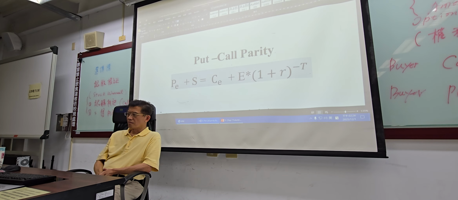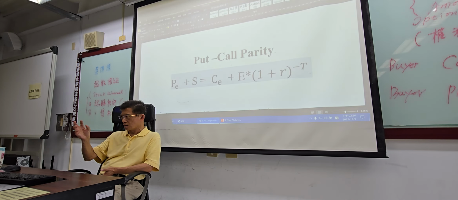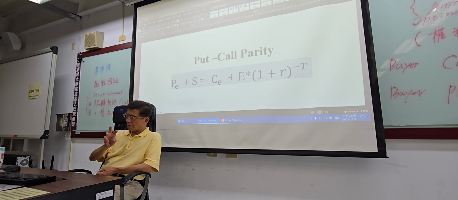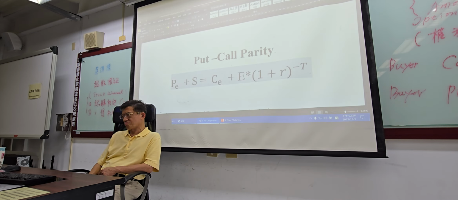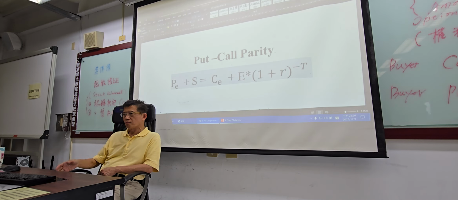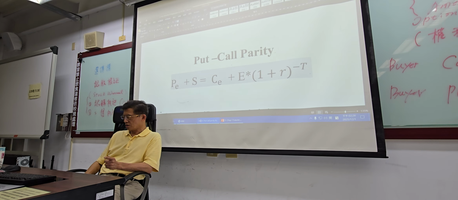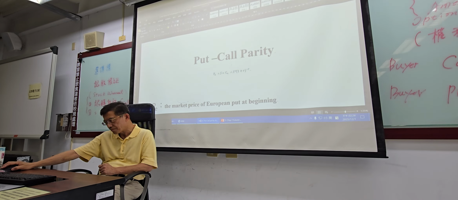That means if the equality does not hold when you plug in all the market prices of these parameters, there exists a profitable arbitrage opportunity on the market, in which you are able to take the correct arbitrage transaction steps to derive the risk-free profit. Right? And I'll show you the detail step by step.